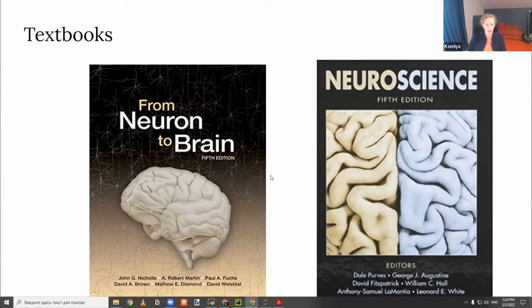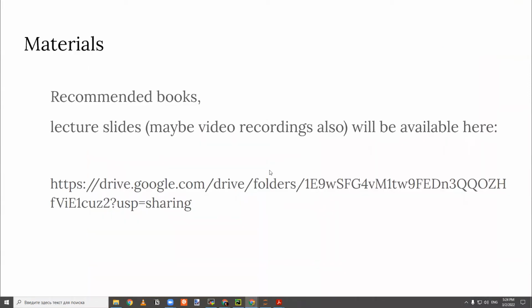Professor, that means we will study from your presentations, or we need to search for more information in these books? Yeah, you can find all the necessary information in the presentation and in lectures, but if you don't understand some connections, maybe because we have just 8 lectures, maybe some facts will be such that you won't be able to understand the connections between them.